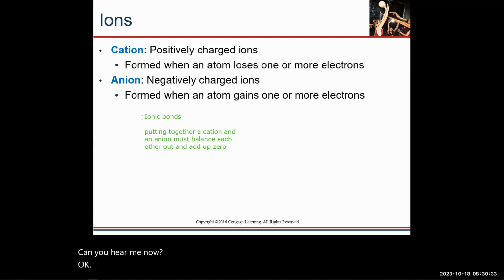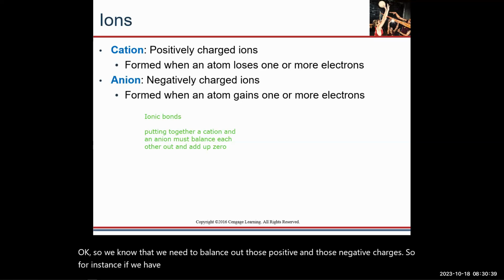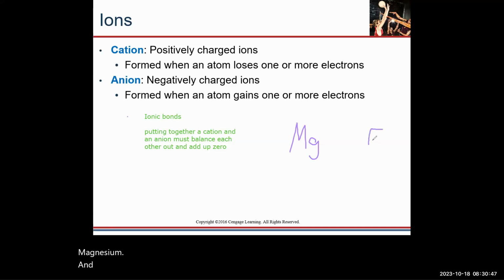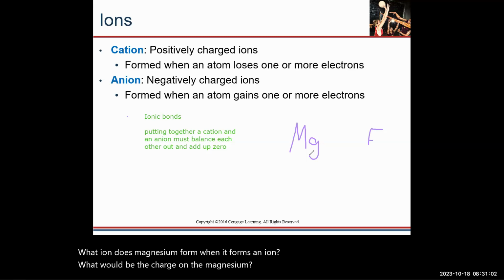Okay. So we know that we need to balance out those positive and those negative charges. So for instance, if we have magnesium and fluoride. So what ion does magnesium form when it forms an ion? What will be the charge on the magnesium? Is it a cation? Is it an anion?